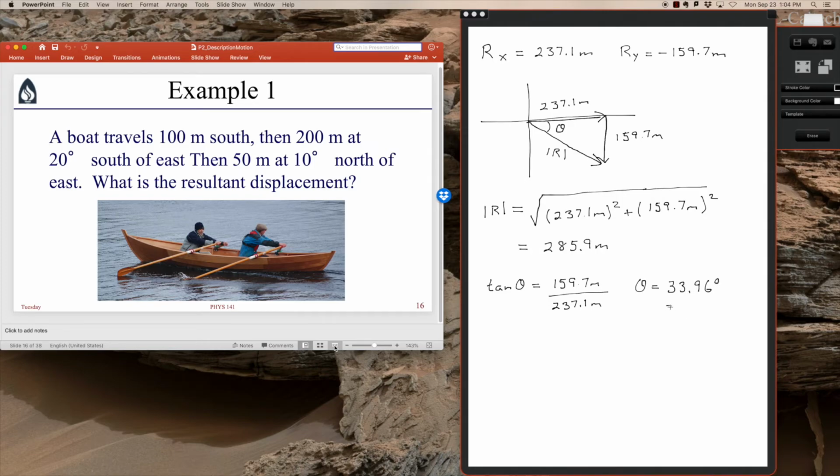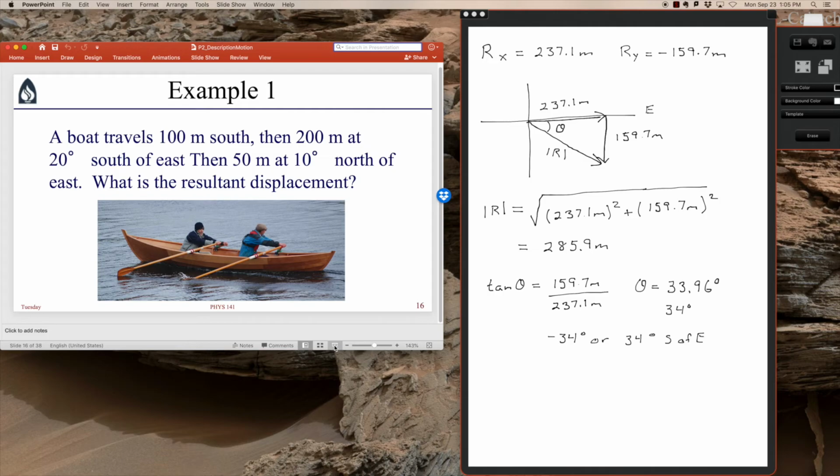So when I'm reporting this, I could report the angle in a couple of different ways. I could either say that my angle is negative 34 degrees, implying that it's below the positive x-axis, or I could say that the angle was 34 degrees south of east, because I could get this direction by starting in the east direction and then pulling the vector down 34 degrees towards the south direction.